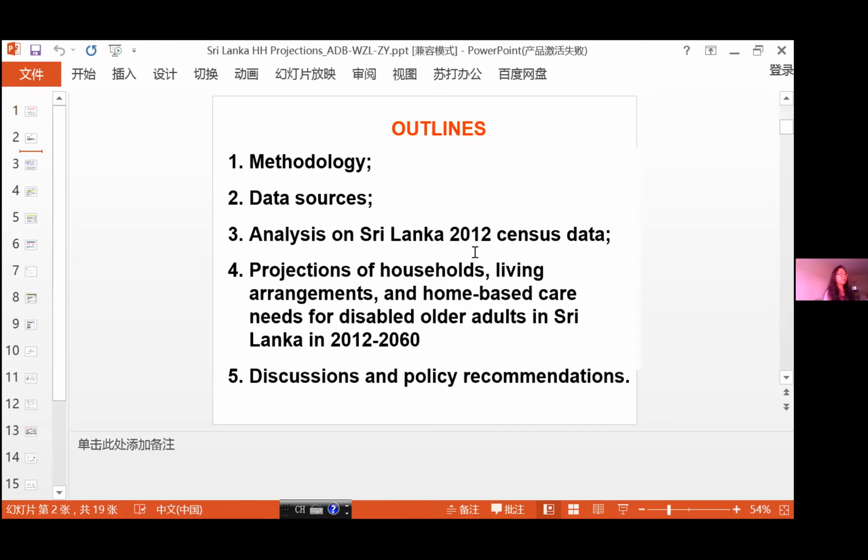Today I'm going to present five parts. First, I'll introduce the methodology and data source, then give the results of analysis on Sri Lanka 2012 census data, and the results of projections of households, living arrangements, and home-based care needs for disabled older adults in Sri Lanka from 2012 to 2016. Finally, I'll give the discussions and policy recommendations.